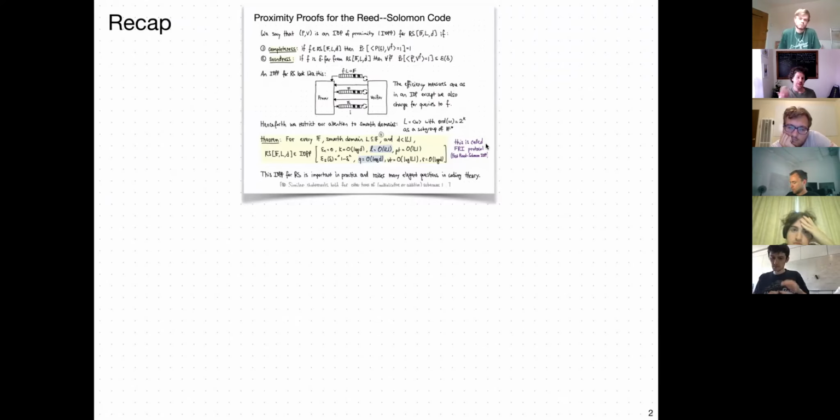But now you might say, so why do I suddenly bother about it? The reason is that we want to have a protocol where each time we will fold the domain. And so what will happen is that we will evaluate the polynomials on smaller and smaller domains.